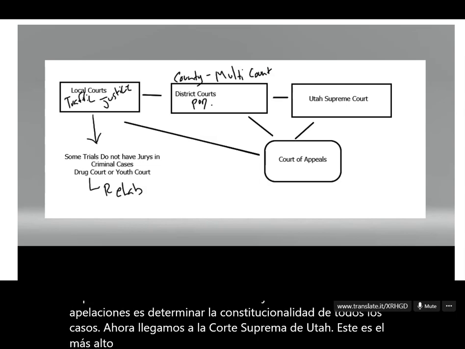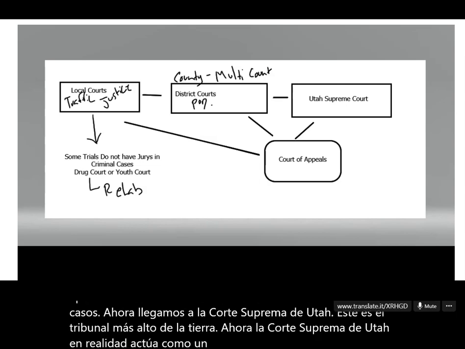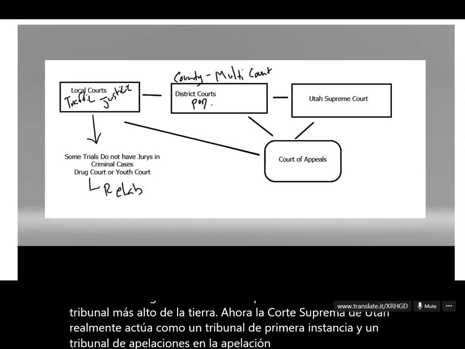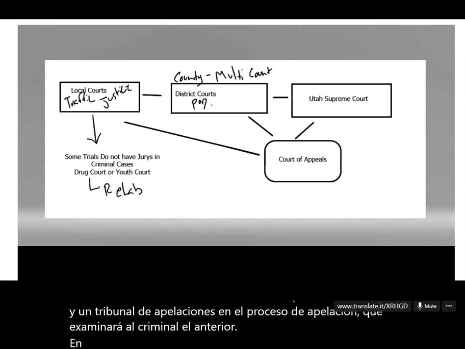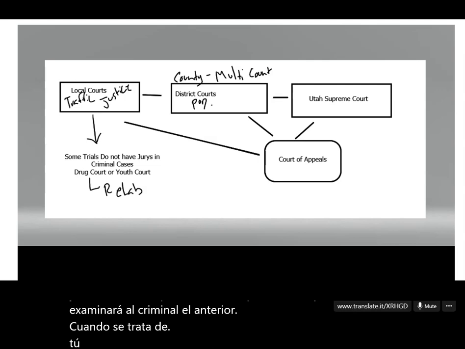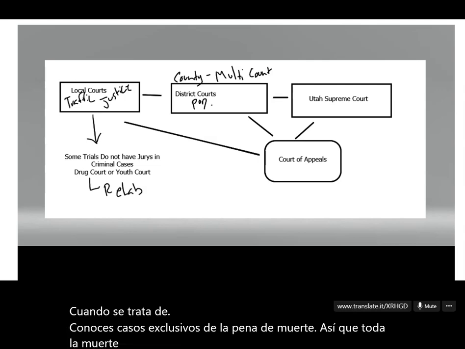Now, the Utah Supreme Court actually acts as both a trial court and a court of appeals. In the appeal process, they will look at the criminal proceeding when it comes to cases that are exclusive to the death penalty. So all death penalty cases in the state of Utah actually go to the Supreme Court.